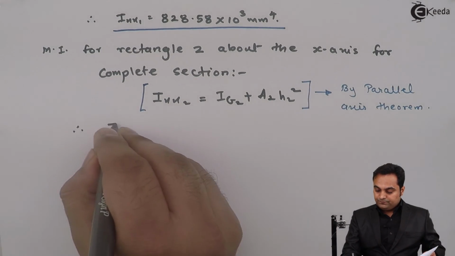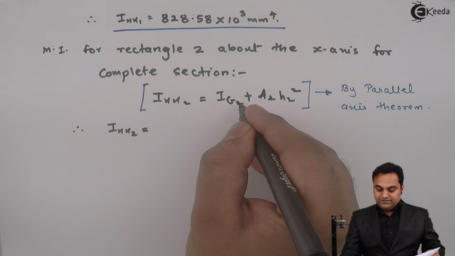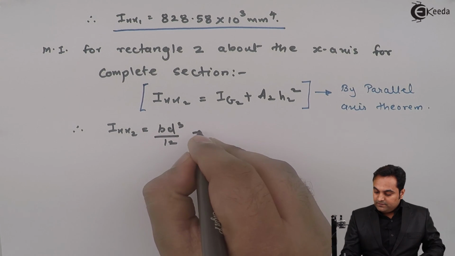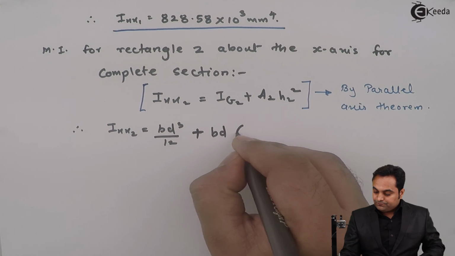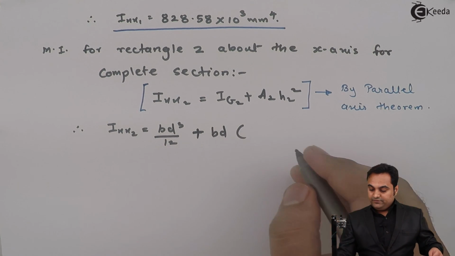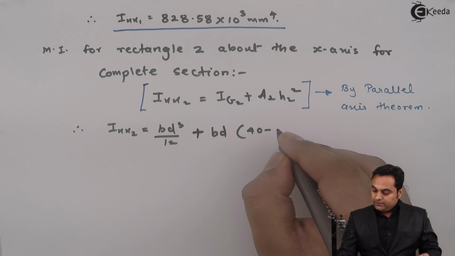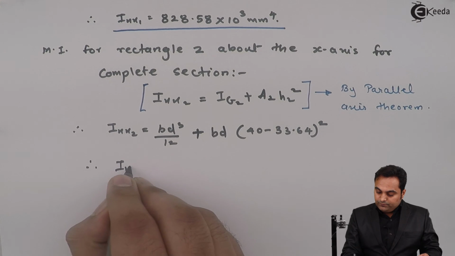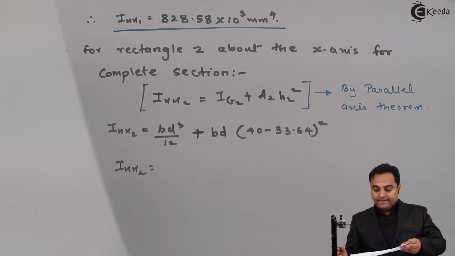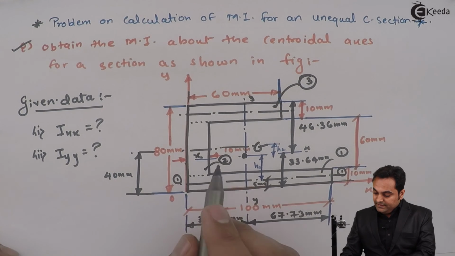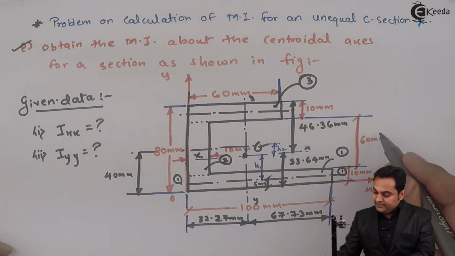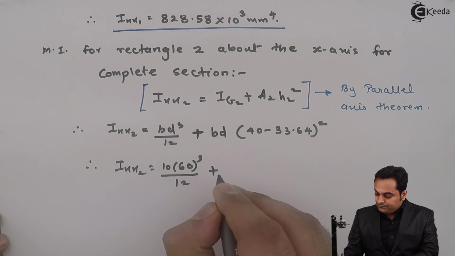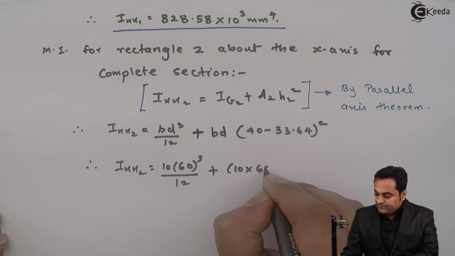So therefore Ixx2 is, Ig2 is the horizontal axis and moment of inertia is BD cube by 12 plus area is B into D. H2, that will be 40 minus 33.64 square. So here I am going to put the values B and D. Now for the second rectangle, B is 10 and D is 60. 10 into 60 cube by 12 plus 10 into 60.